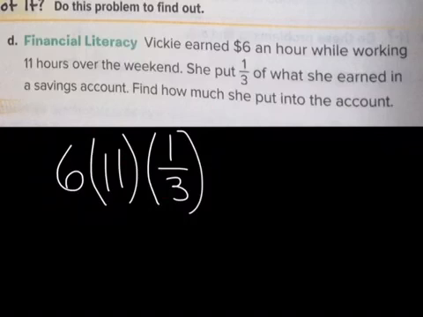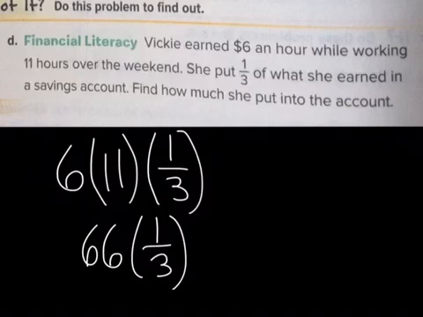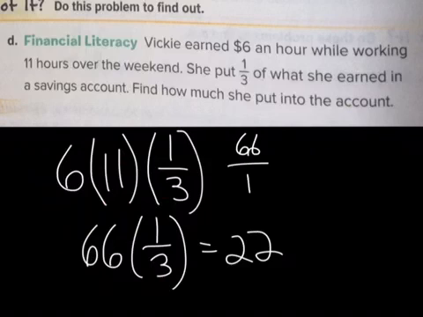So 6 times 11 is 66, times 1/3. Well, when we multiply a number times a fraction, we're essentially asking what is 1/3 of this number. 1/3 of 66 is 66 divided by 3, which equals 22. If you forgot how to multiply this, remember that it's like this: 66 over 1 times 1/3.